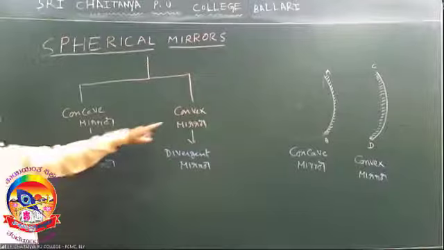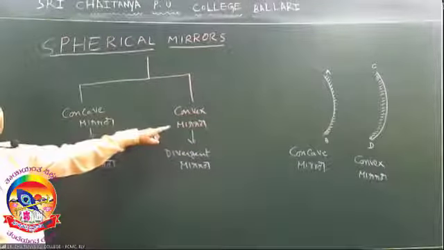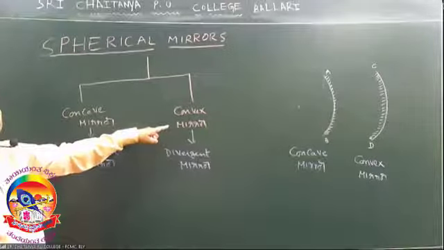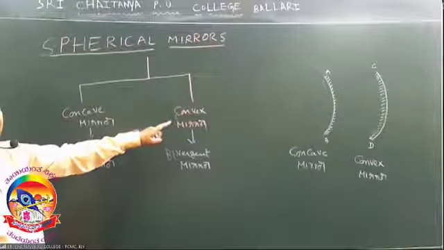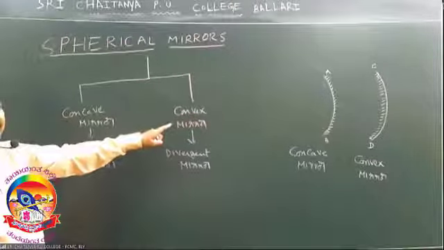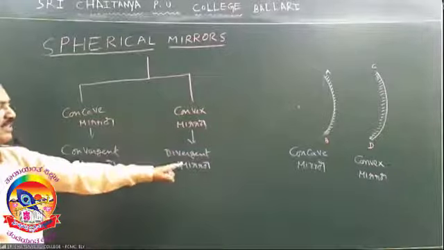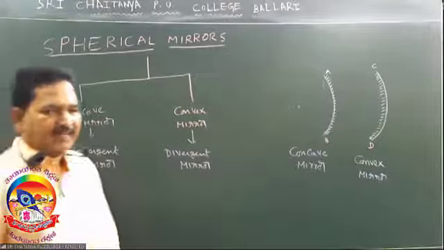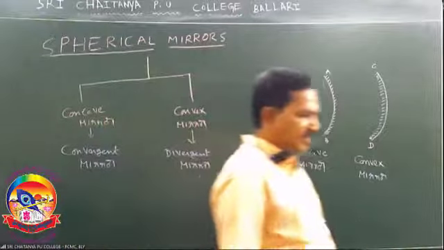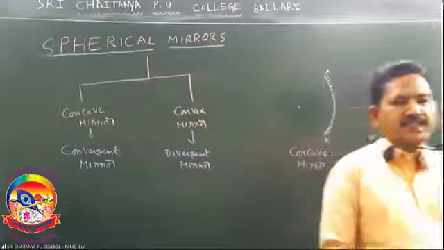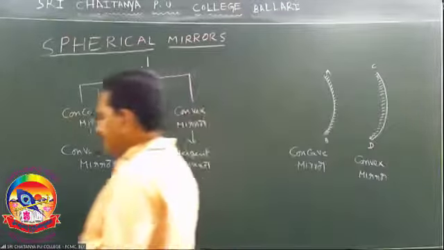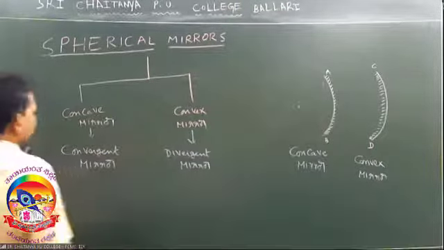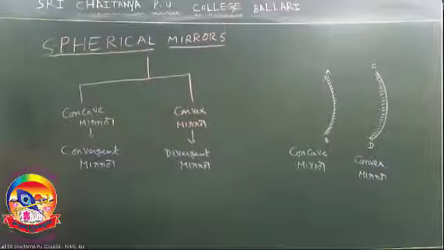In a convex mirror, after reflection, the light rays appear to meet at a point, so it is called a divergent mirror. We also discussed that convergent rays form a real image, and divergent rays form a virtual image.